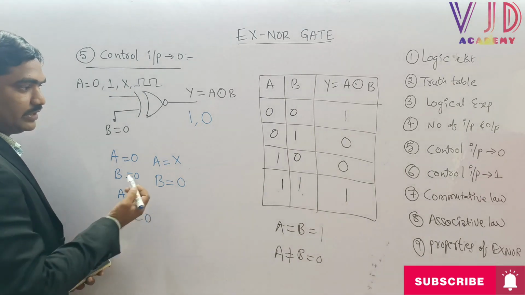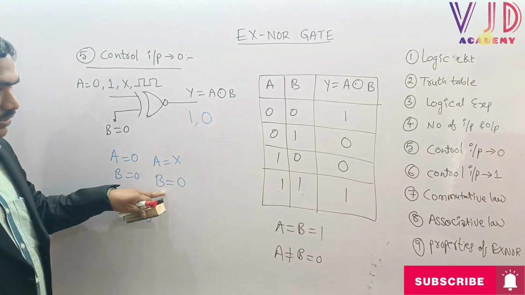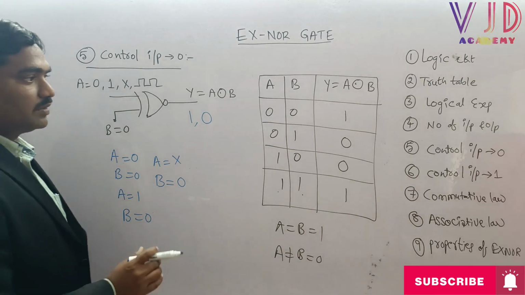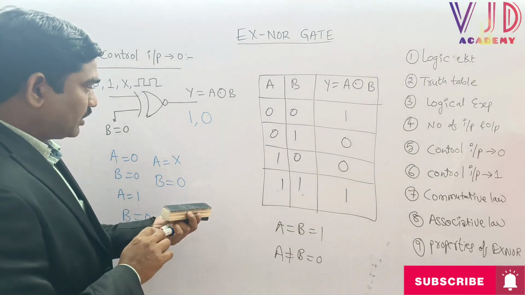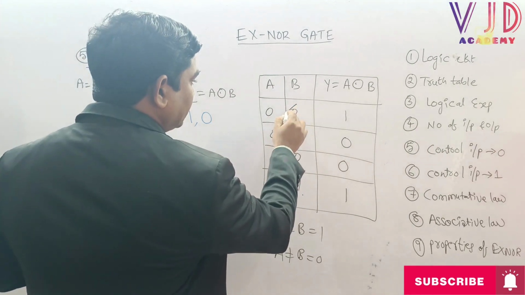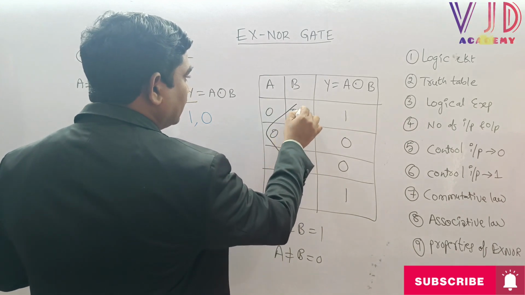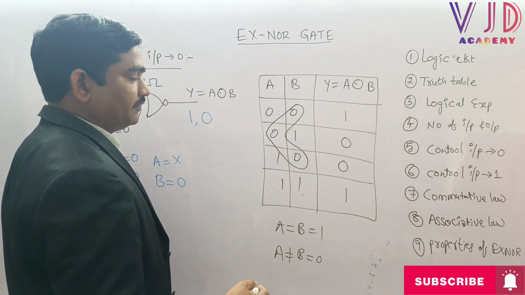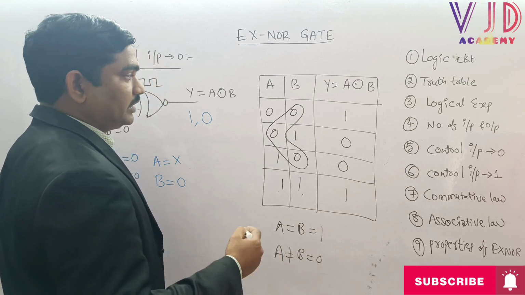Here B equal to 0, then automatically what will happen? If one of the inputs is 0, from the truth table we can understand that automatically the output is opposite to, we can say, the inversion of the input.